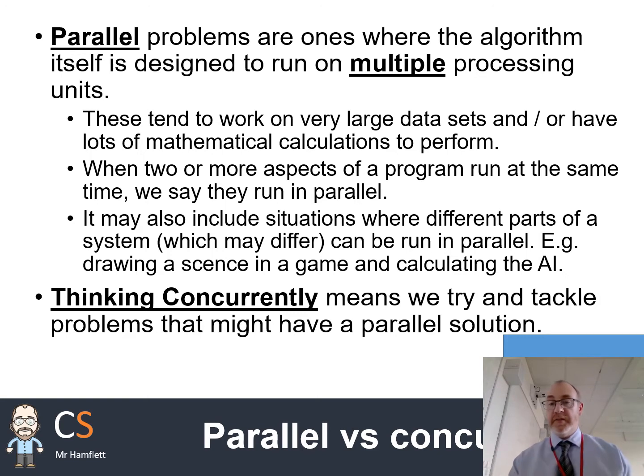A concurrent way of thinking about it might be that, well, I'm going to check the first 100,000 numbers on maybe one computing unit, then I do the next 100,000 on another unit, and I split it up into 10 sections. And then each section can be run on a different core at the same time. So that's what I mean when I say thinking concurrently.